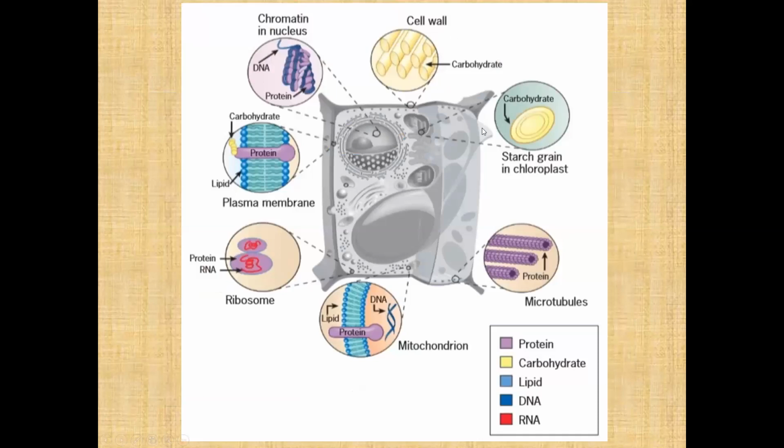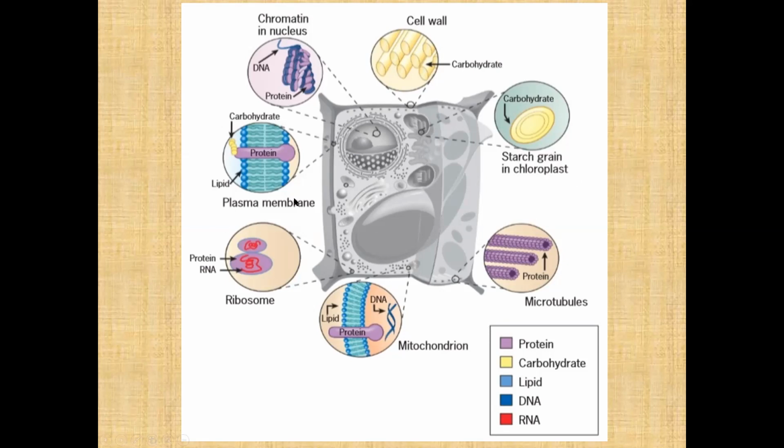This is a very good picture depicting the distribution of these organic substances within different parts of cells. For example, you see the cell wall with carbohydrates, especially cellulose, as a main component of the cell wall. Also, starch belongs to carbohydrates, and you see starch grains in chloroplasts.